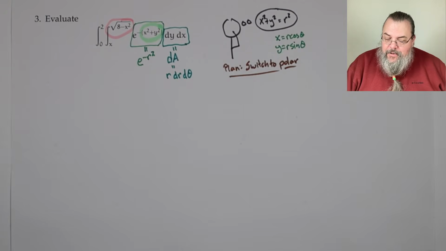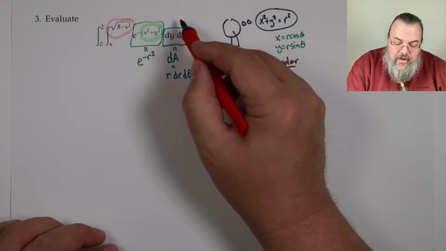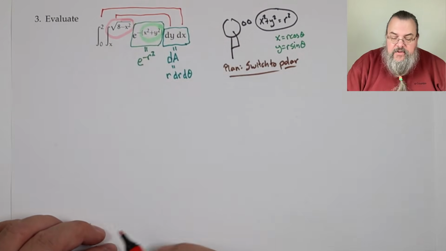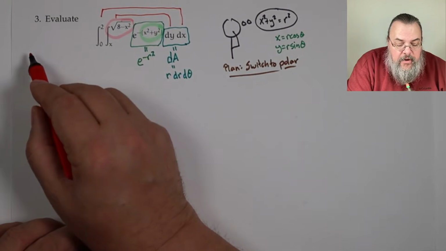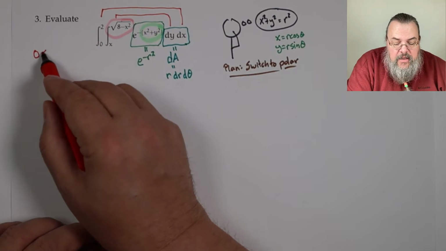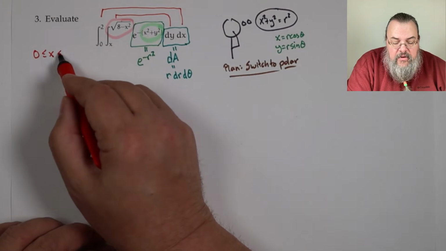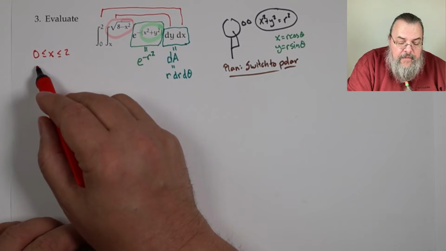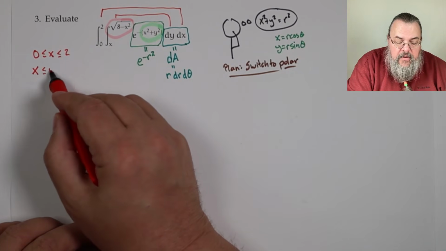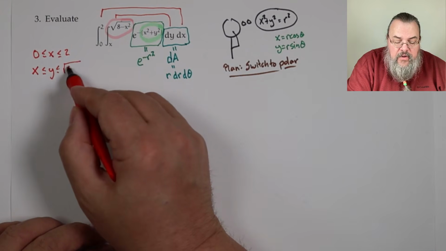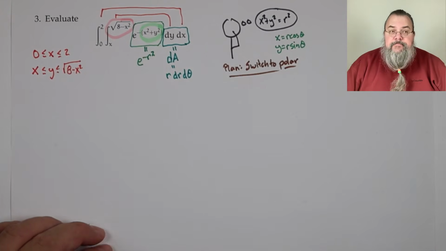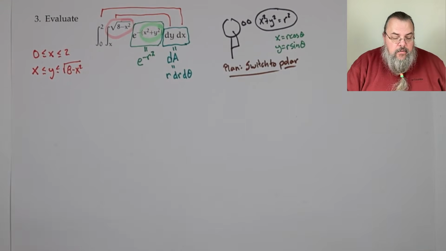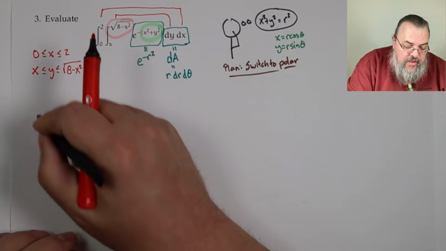Now, the real moment of truth. Let's start talking about our region, which means we need to get into our bounds. So, our region, 0 is less than or equal to x, which is less than or equal to 2. And we have that y goes from x up to square root of 8 minus x squared. Okay, well, we should try to get some sketching going on here.